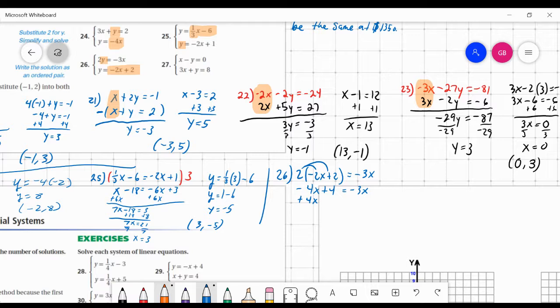I'm going to add 4x to both sides. So 4 is equal to x. And then since x is 4, I'm going to plug it into the second equation. Negative 8 plus 2 is negative 6. So 4 comma negative 6.